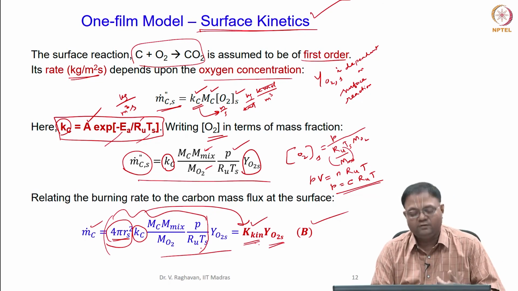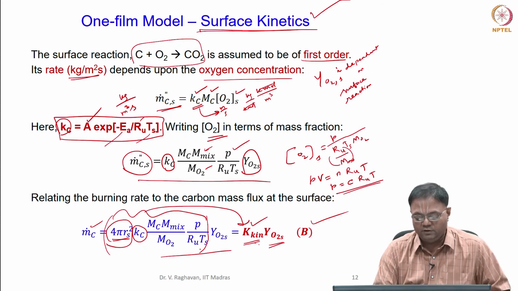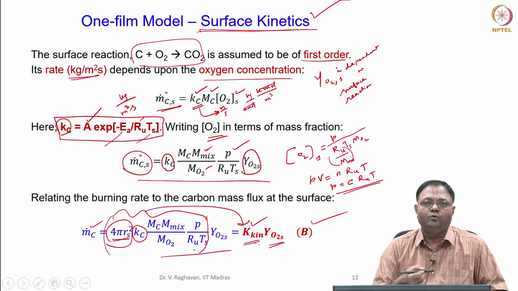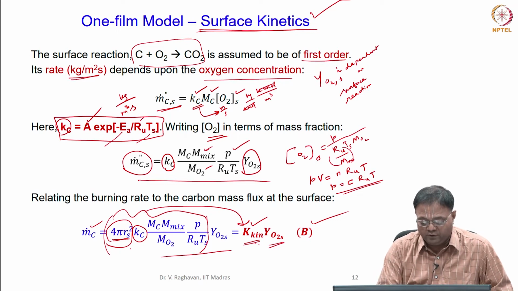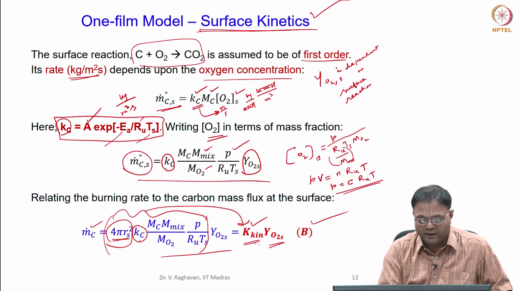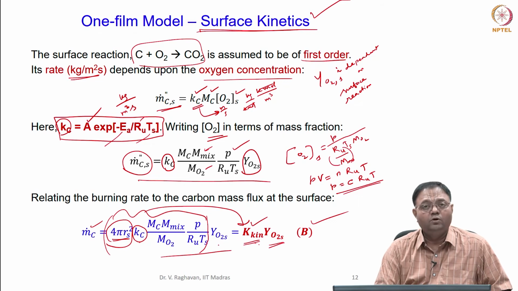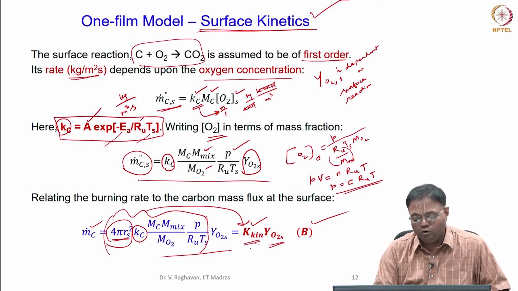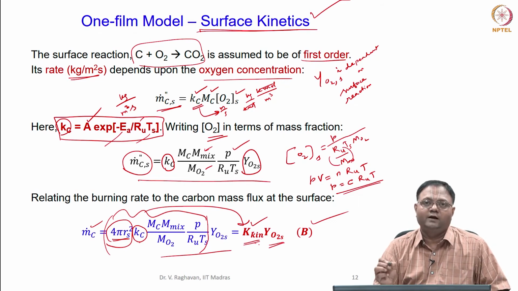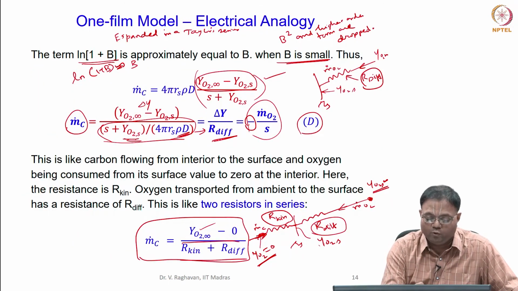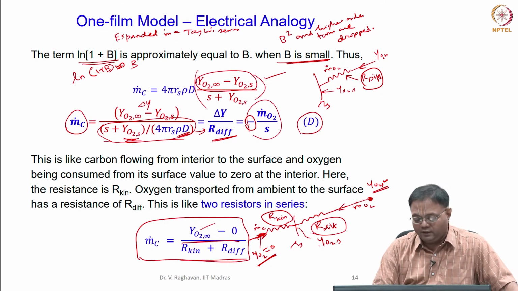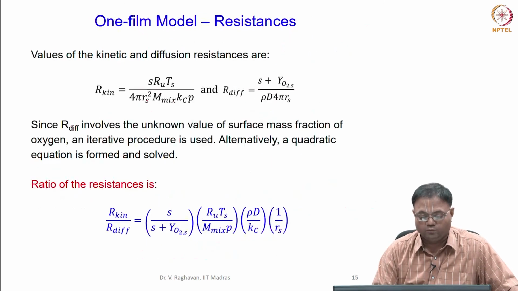Ts is assumed to be known in this analysis. Again we have to use the energy equation to solve for ts, that will be done later. So if kc is known, everything is known, and ts is assumed to be known, so R kinetics can be solved. But R diffusion will involve YO2S and that has to be obtained iteratively. Okay.